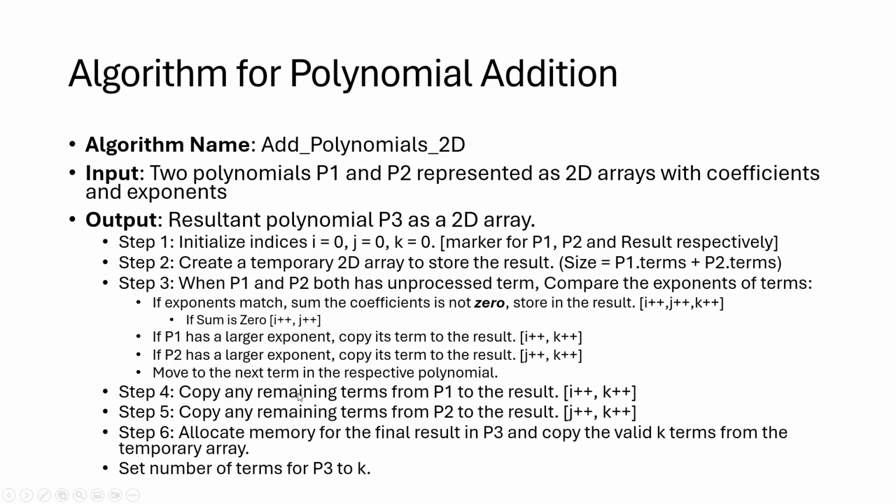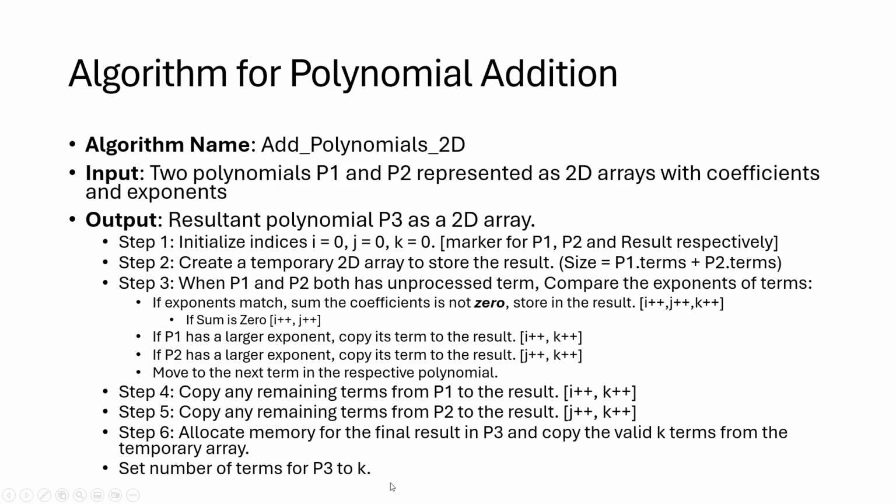So once it is done, what do we have to do? We have to check if there exists any valid element in my P1 and P2. If any valid element is present, we have to copy them. Finally, we have to allocate some space for P3, and then copy the k number of elements from my temporary storage to the resultant polynomial P3.